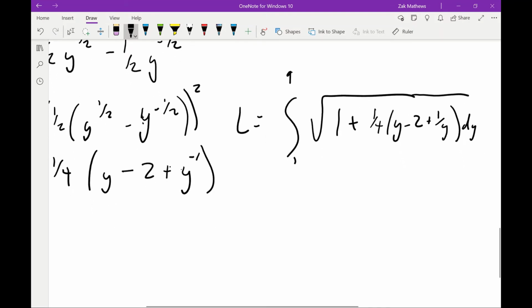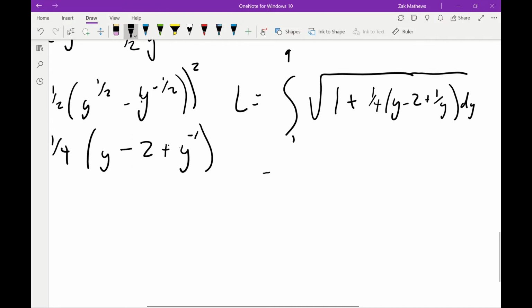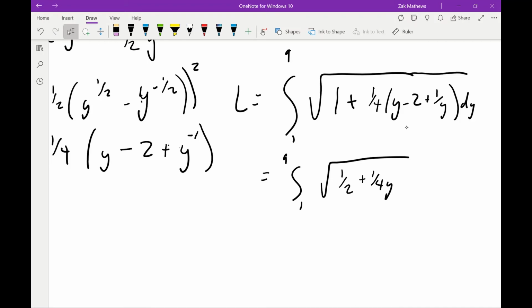And so let's think about simplifying some things in here. Well, we have the numbers, or the constants here. We have a 1 and we have a 1/4 times negative 2. That's a negative 1/2. So that would give us a 1/2 plus 1/4 y.